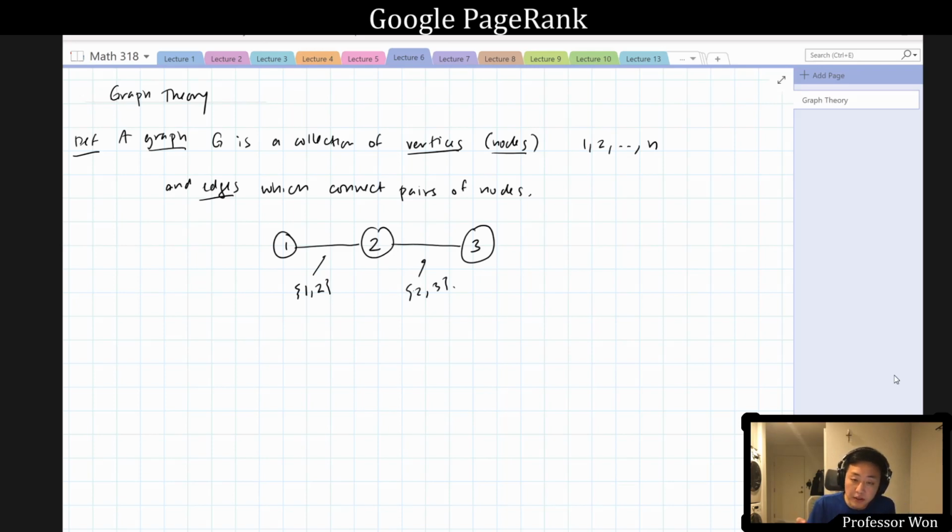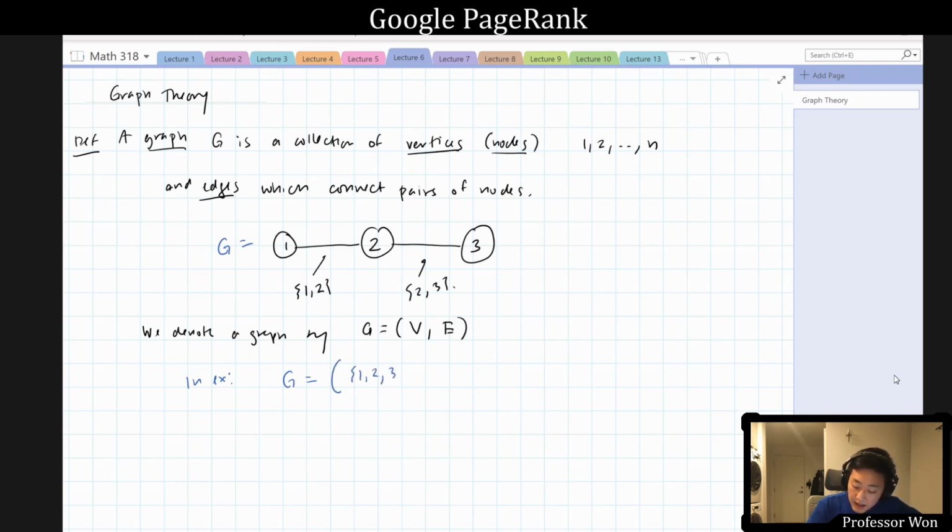Okay, so if I want to denote this whole graph, we denote a graph by a pair. First you list the vertices, then you list the edges. So in this example, the graph G, it's an ordered pair. First you give its vertices.